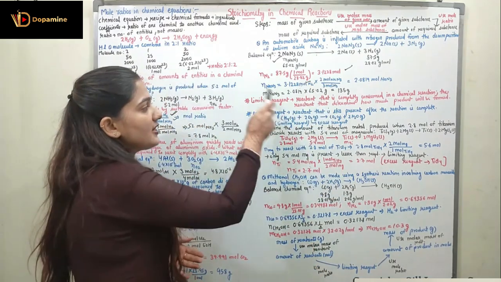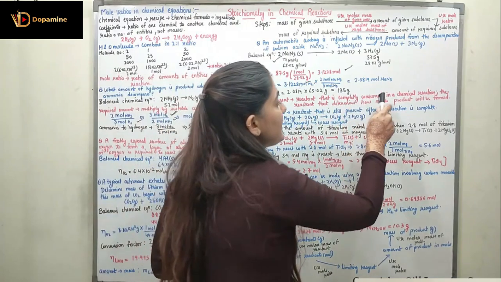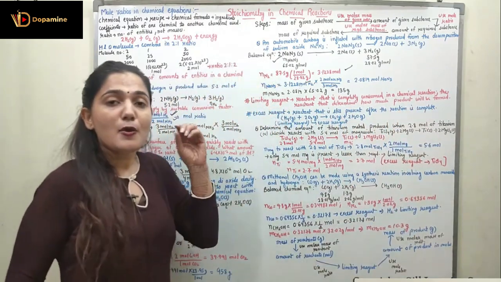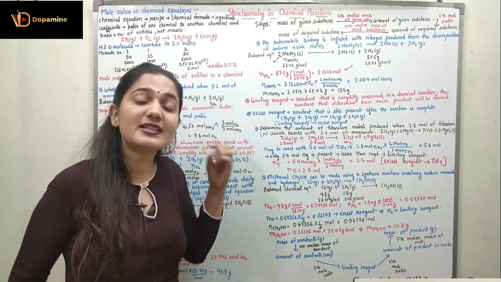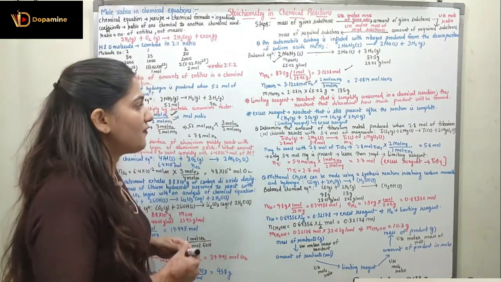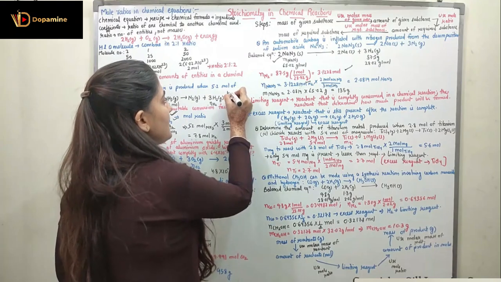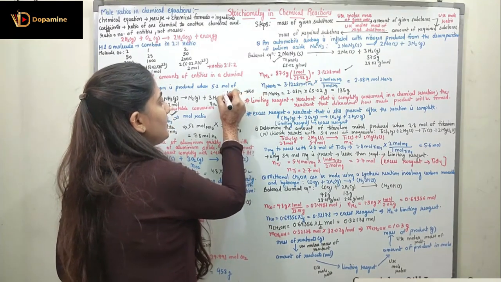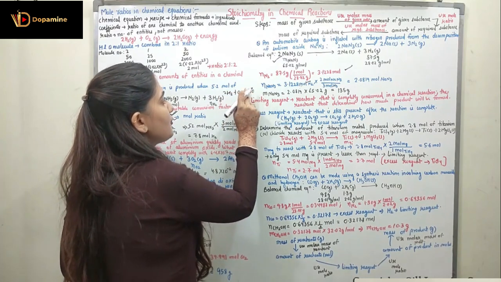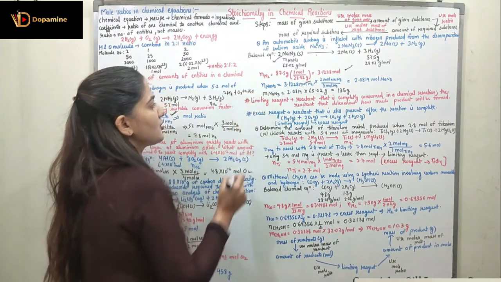So limiting reagent is a reactant that is completely consumed in a chemical reaction. Whichever reactant is in limited amount is completely consumed, right? So if hydrogen is reacting with oxygen to form H2O, here 2H2 is reacting with O2 to form 2H2O.